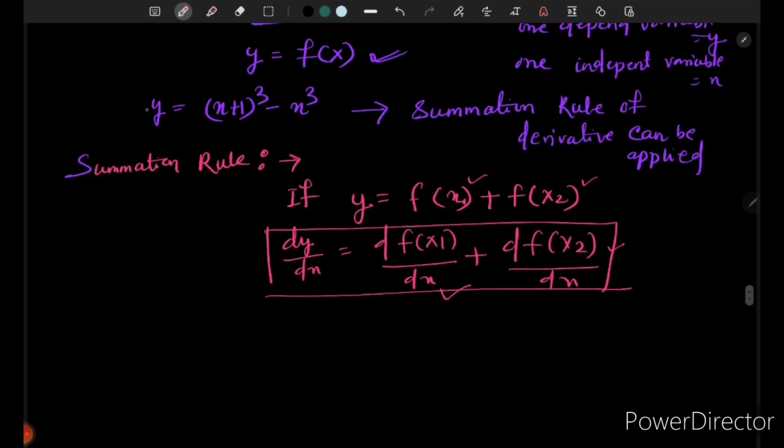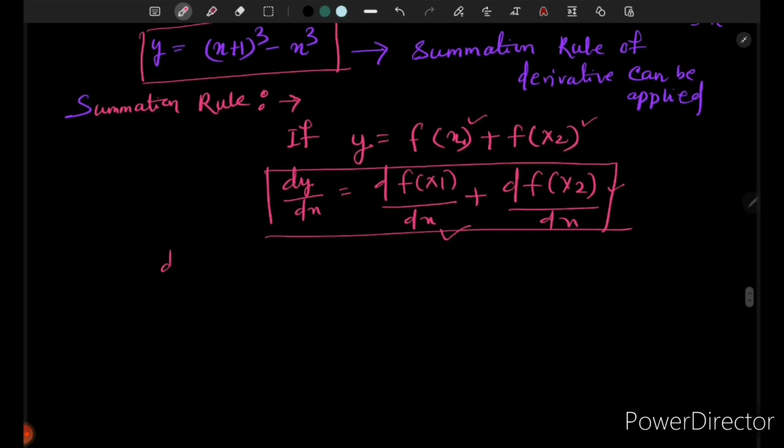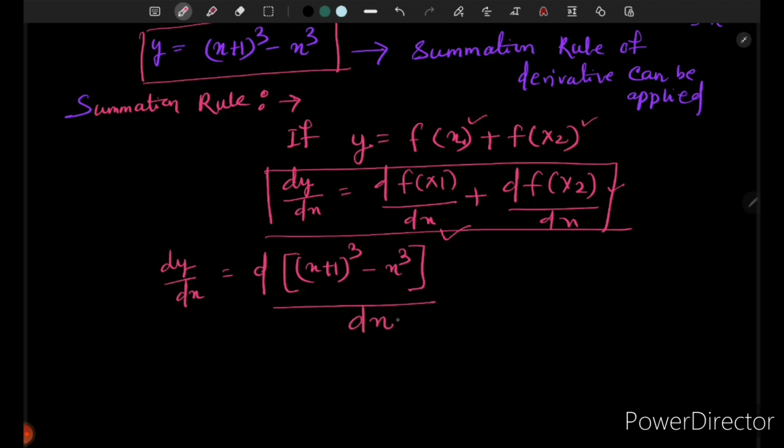So our function is given as this. That means y is a function of (x plus 1) to the power 3 minus x cube. So dy by dx can be written as derivative of (x plus 1) to the power 3 minus x cube with respect to dx. Okay, so you can tell it as summation or difference rule.